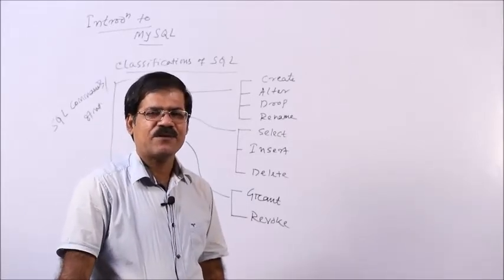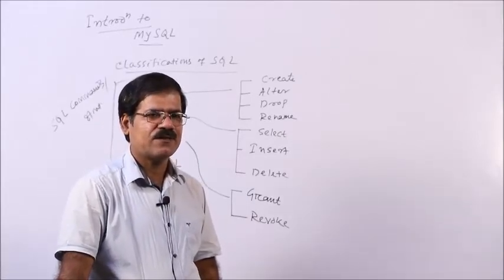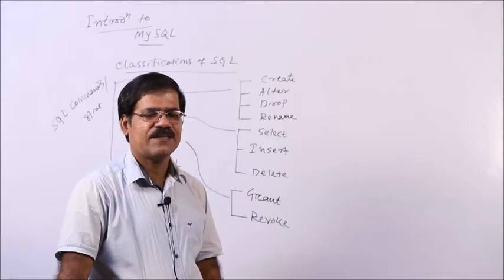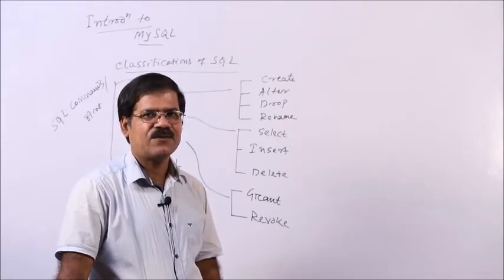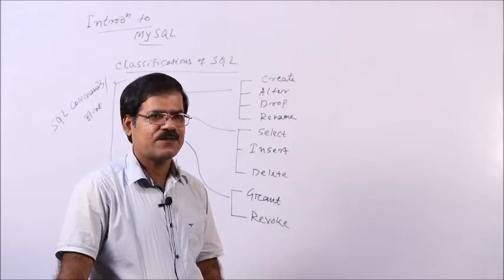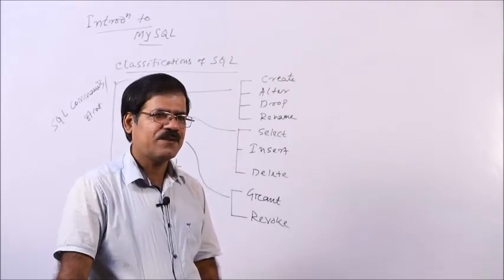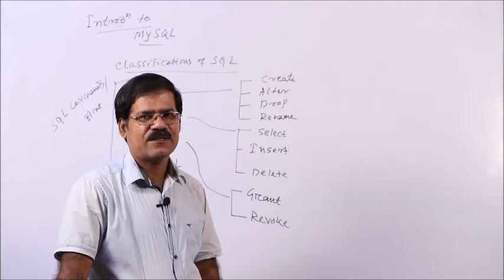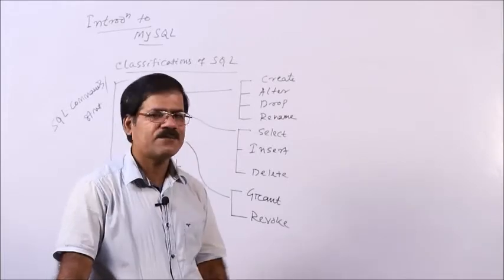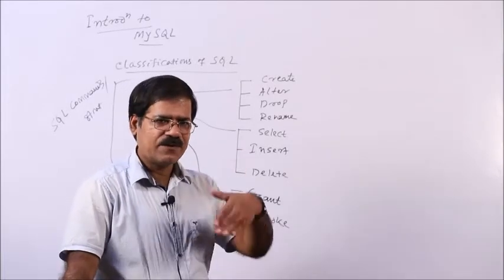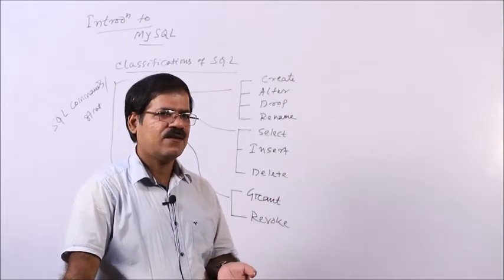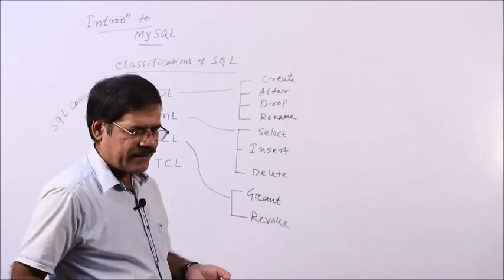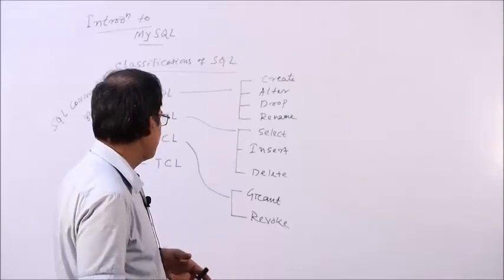Suppose I give a particular user permission to read, write and update a particular table, and next time I want to withdraw that permission from that person. The command is revoke. Revoke means withdraw: the permission granted can be taken back, denied or cancelled.